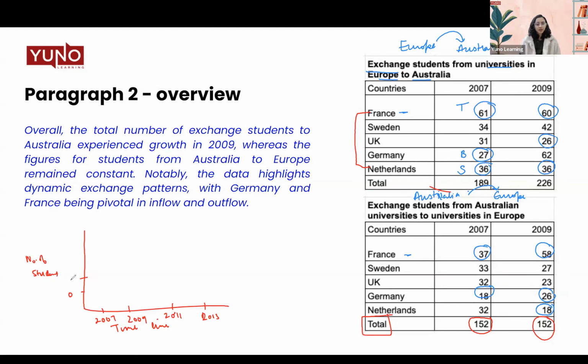Let's say it starts from 0, 50, 100, then goes 150, 200. So this is a sample line graph.